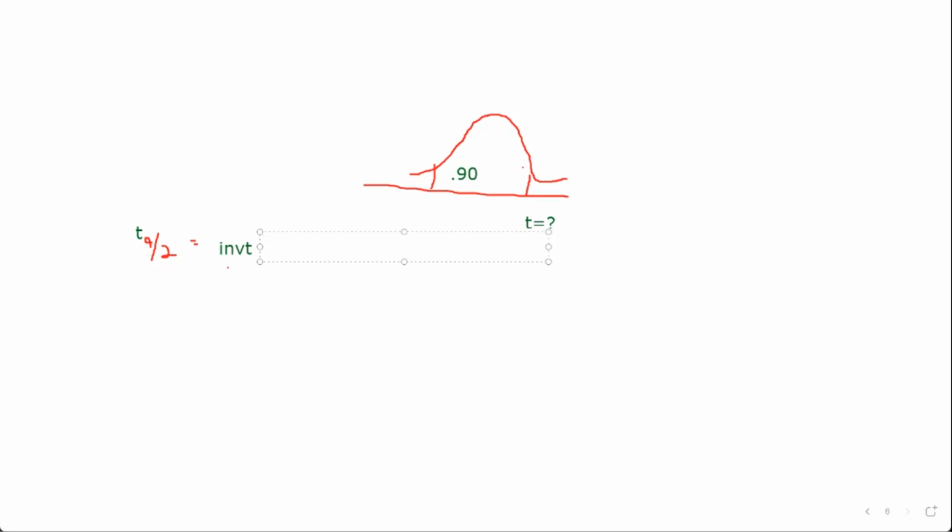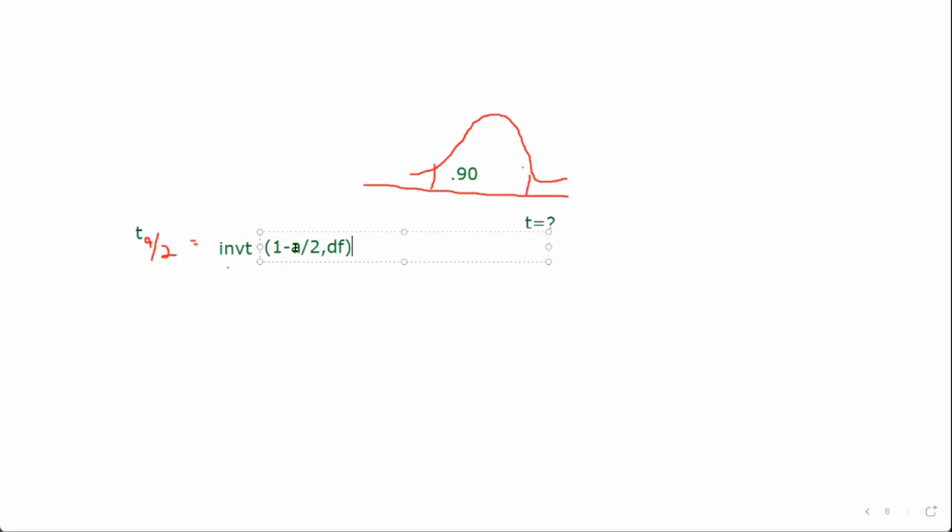So inverse T, this is going to be 1 minus alpha over 2. And this has a DF. This also has a mean and a standard deviation, but we don't worry about that. You only need these parts for this one.